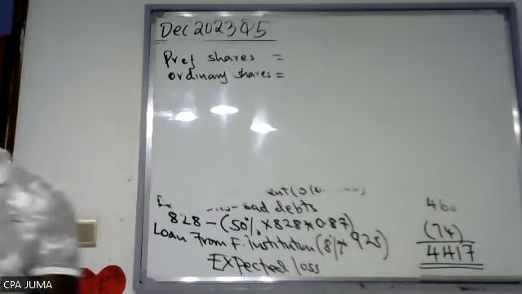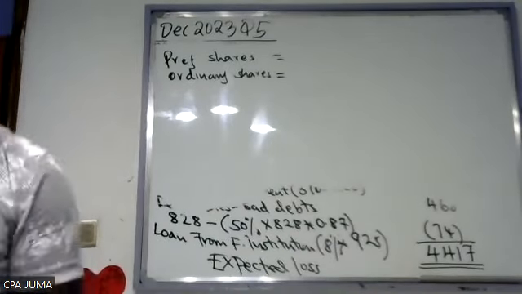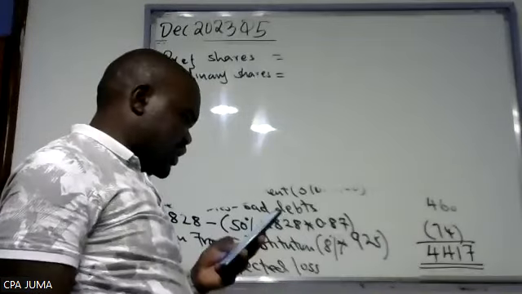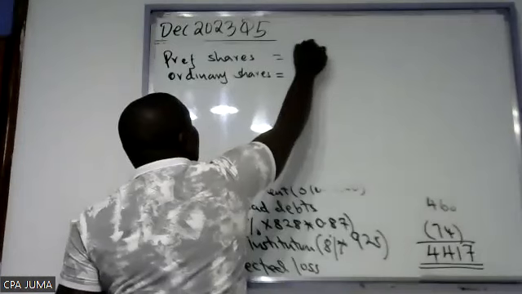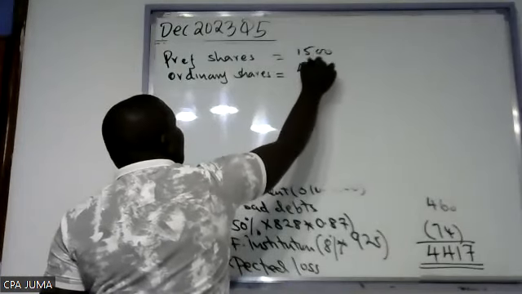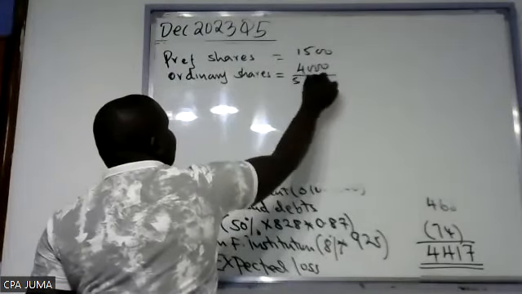Check under equity, walikuwa na ngapi ngapi. So they had preference was 15. This one was 4. So total is 55.